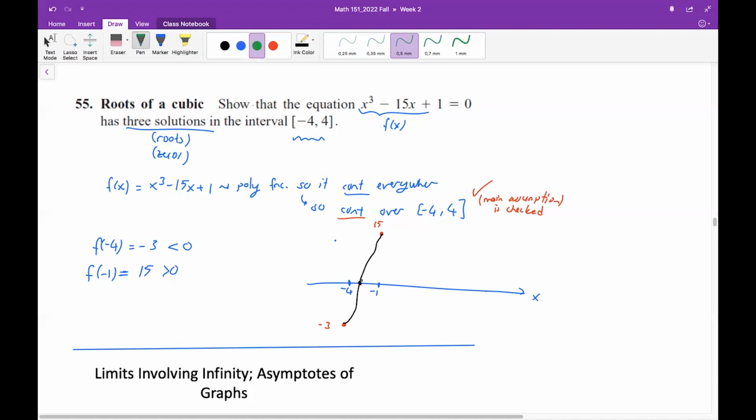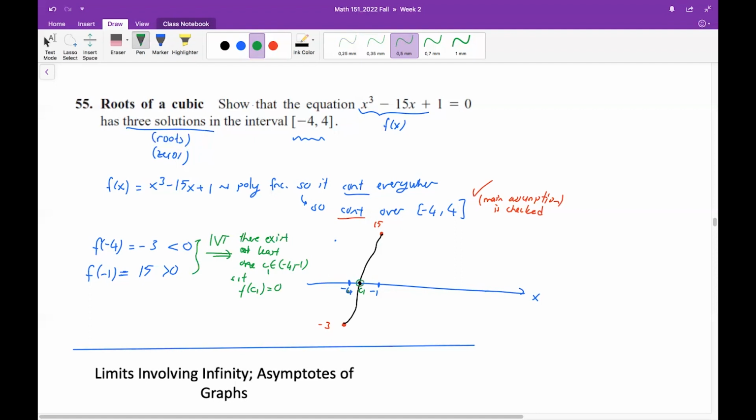Let's call this point C1. Then by the intermediate value theorem, there exists at least one C1 between -4 and -1 such that f(C1) is 0.